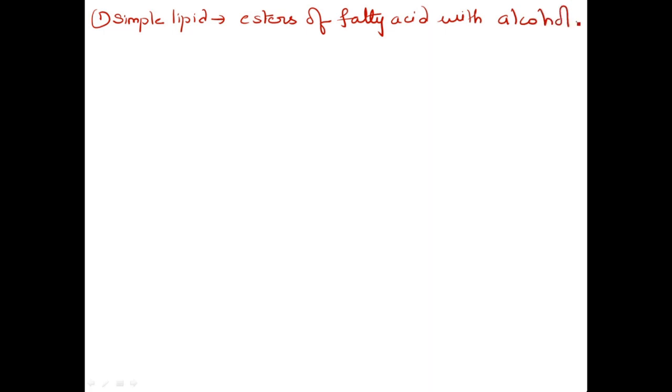At first we will discuss simple lipid. Simple lipids are the esters of fatty acid with alcohol. So simple lipids are the esters of fatty acid with alcohol.